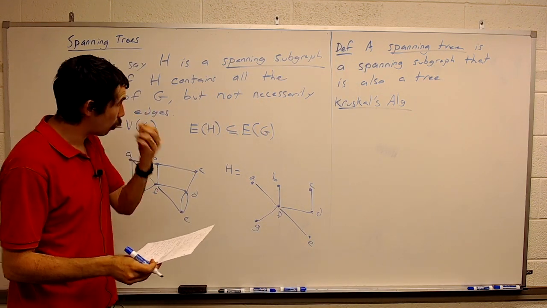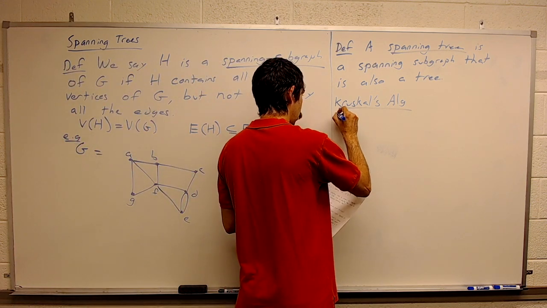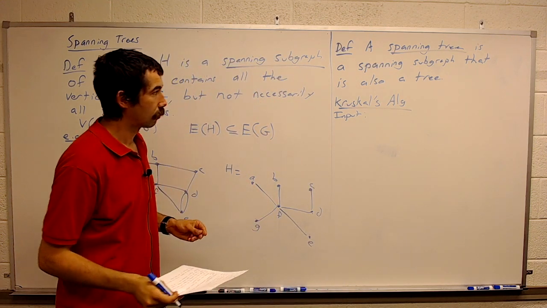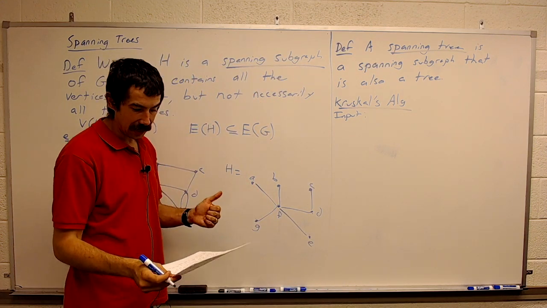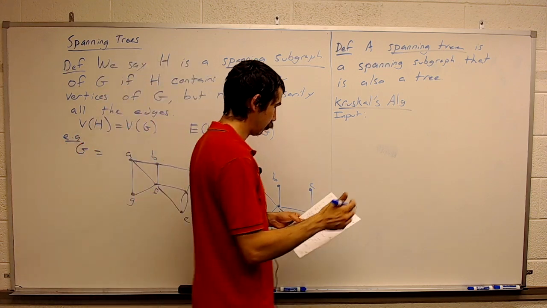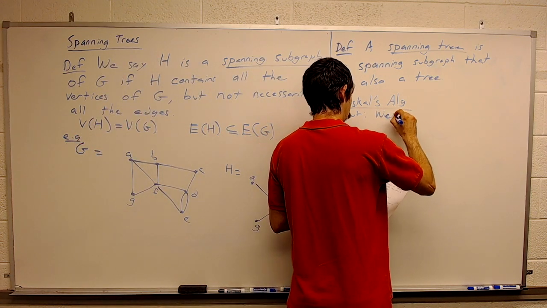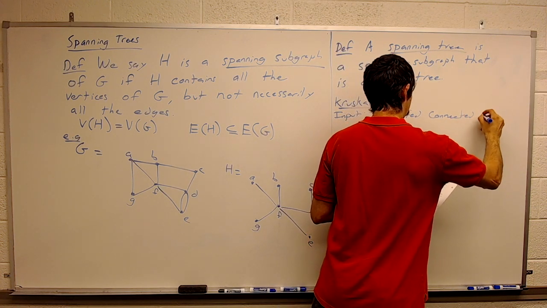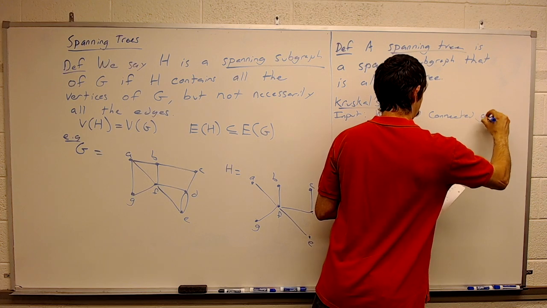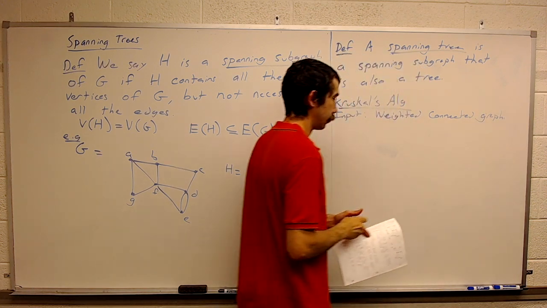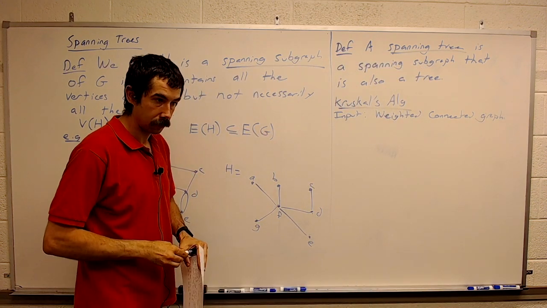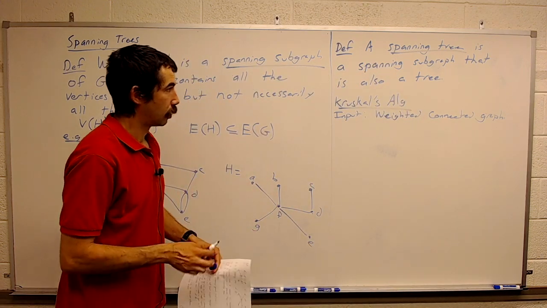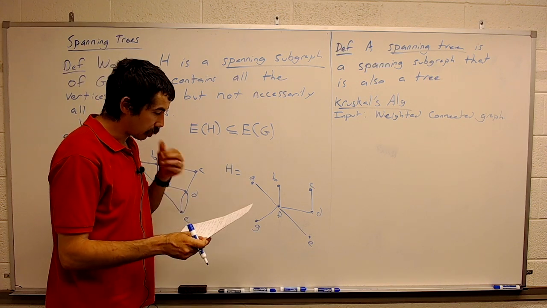Okay, so what do we need? We need a weighted connected graph. Okay, and so what does Kruskal's algorithm say?